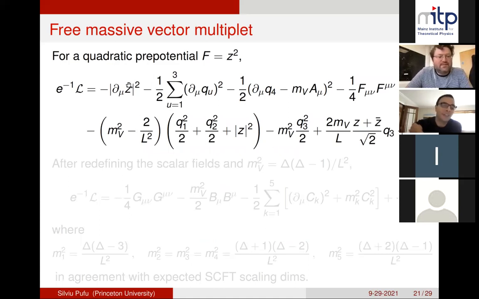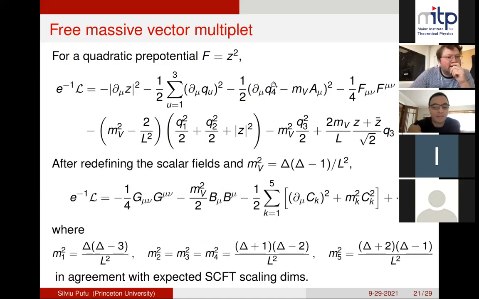It has some scalar fields from the vector multiplet, some scalar fields from the hypermultiplet. There are 3 of them that don't have a gauge shift symmetry, and 1 of them that does, and one redefines the fields, and one finds this quadratic action, and the masses of all the fields are consistent with the operator content of a long scalar multiplet in the boundary theory.